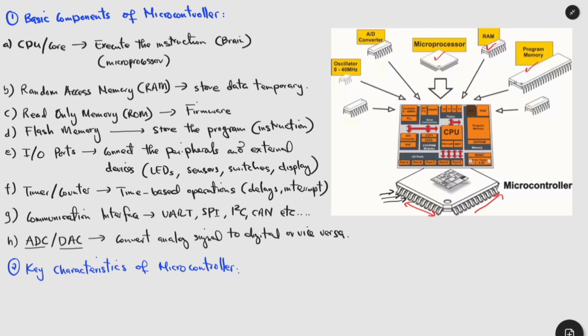Now we can also discuss the key characteristics of a microcontroller that make it so unique. The microcontroller is unique in that it is low cost, where you can buy a microcontroller for a very small amount of money. Also, a microcontroller has low power consumption, where most microcontrollers operate on 3.3 volts or 5 volts, where the power is very small.